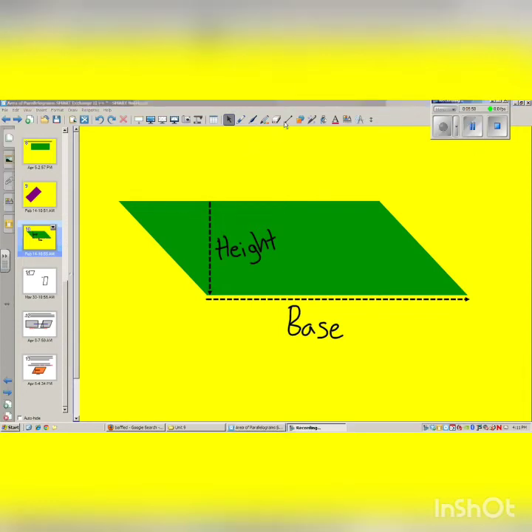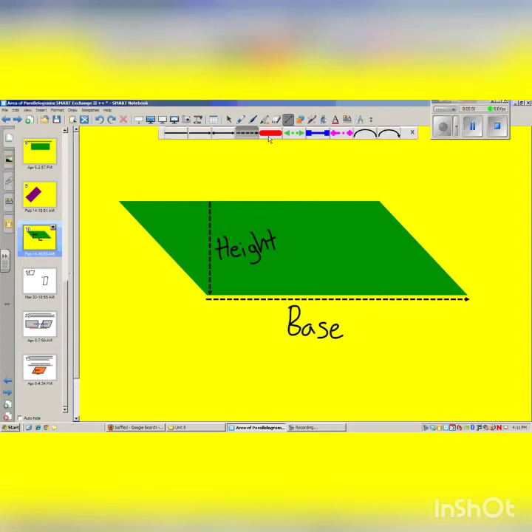Now, there's one mistake that students often make, and it's this. When they look at a parallelogram, they're thinking about the height as from this tip down to this corner right here. They're thinking that this is the height of the parallelogram. You need to think of height as the distance from the base to the opposite side.